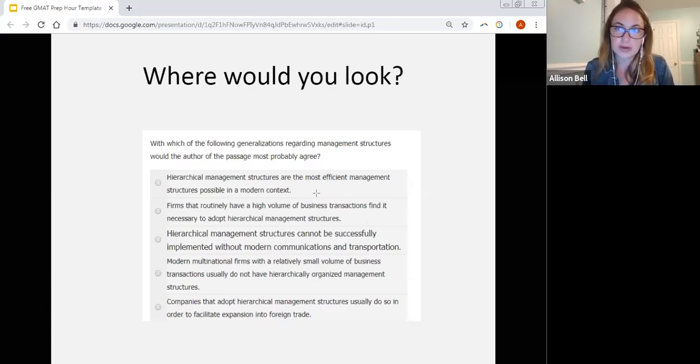So I know you haven't had a chance to do this question yet, but I would love for you to just glance through these answer choices and tell me what are some words that you see that are very strong, that might be difficult to support.